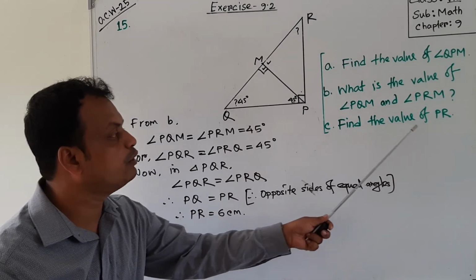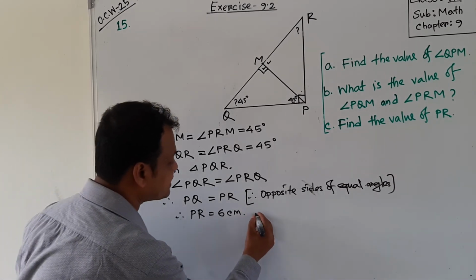In the question you have to find the value of PR, so we have got the value of PR is 6 cm. This is the result.